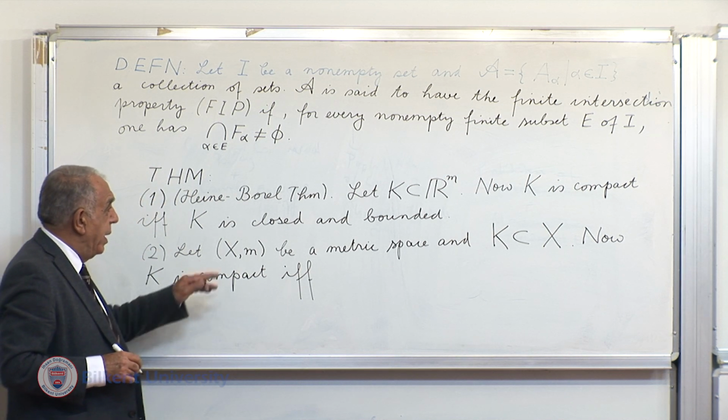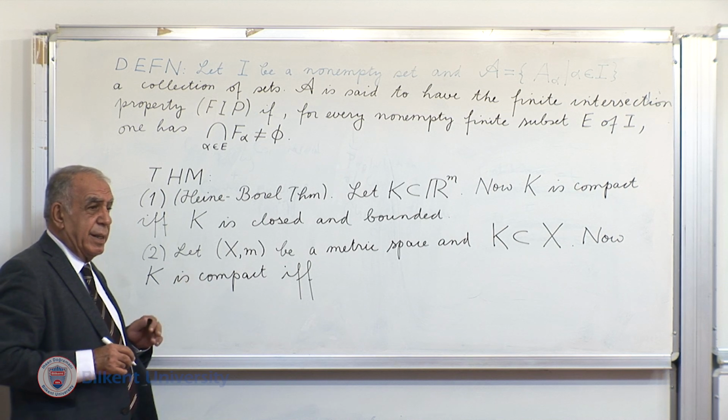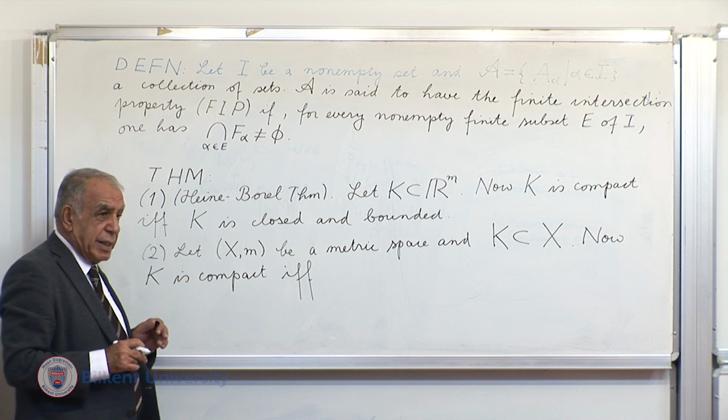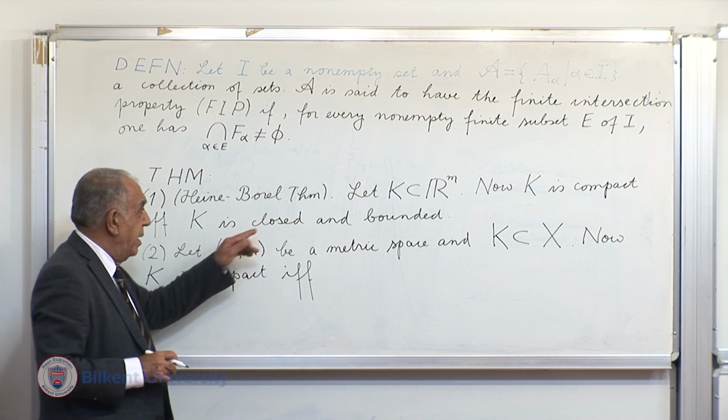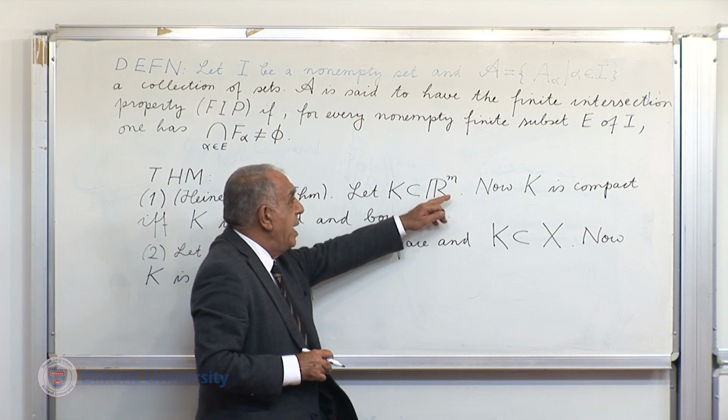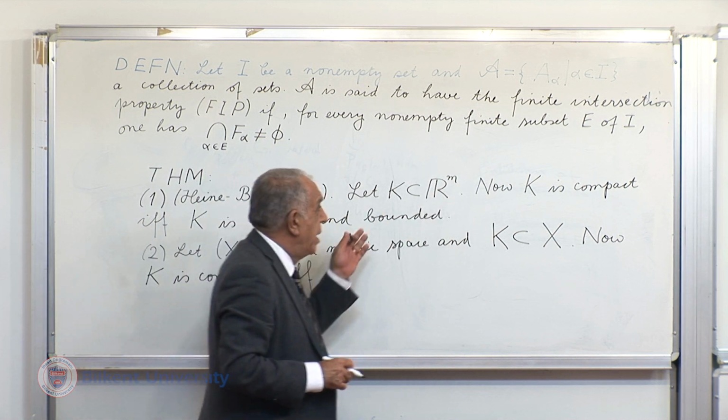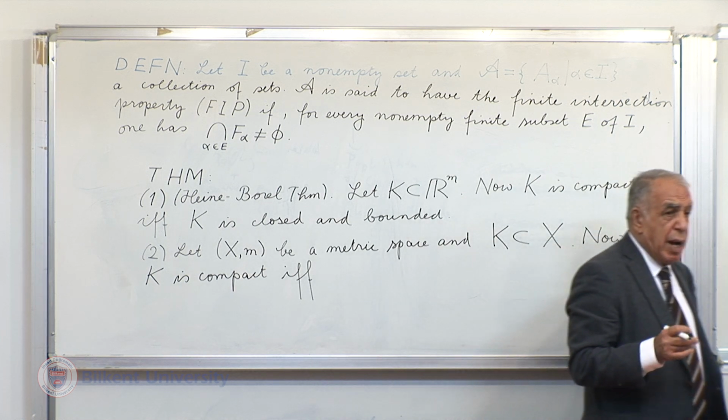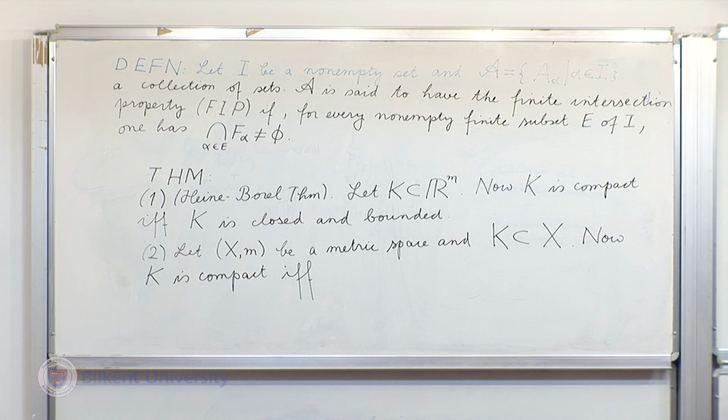Now, what we'll do is we will actually consider the sequence versions of these. In R^m, if a sequence is bounded, then it has a convergent subsequence by the Bolzano-Weierstrass theorem. But we have seen that that's not the case in general for metric spaces.